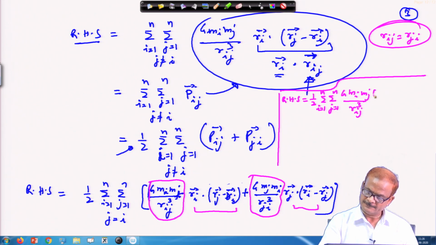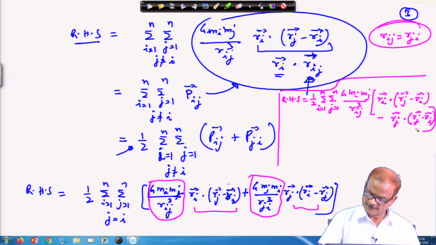And what we are left with inside is r I dot r j minus r I, minus r j dot r j minus r I. So, here we have changed the sign. This is r I minus r j.